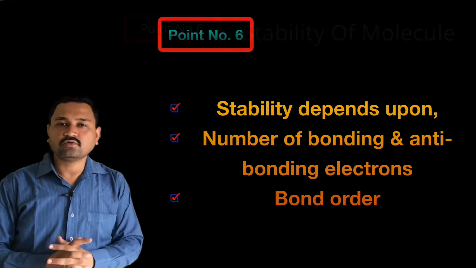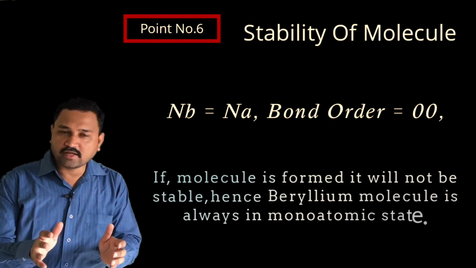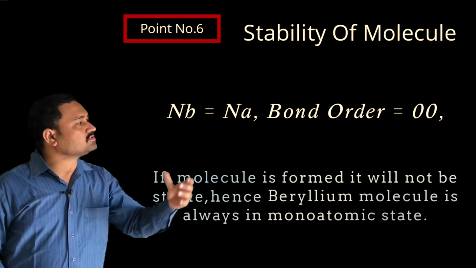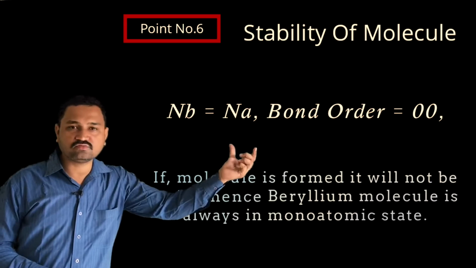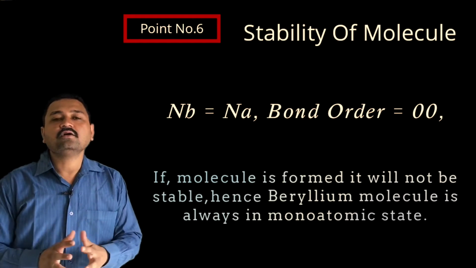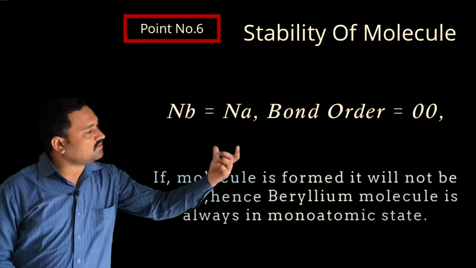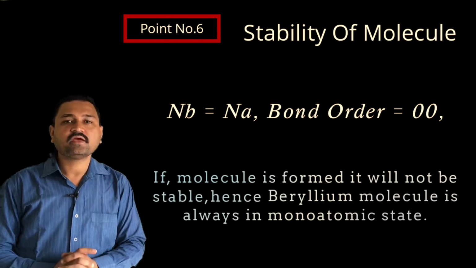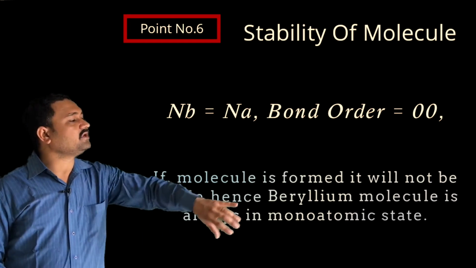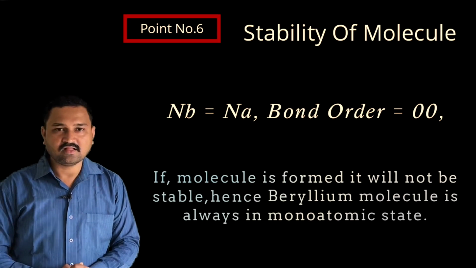Here you can observe that the numbers of bonding and anti-bonding electrons are equal, that is the value of Nb is equal to the value of Na, and we observe that the bond order is 0. It is always unstable, and as the bond order is 0, we can say that beryllium can be present only in the monoatomic state.